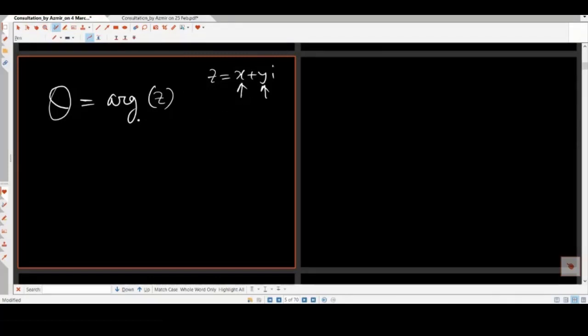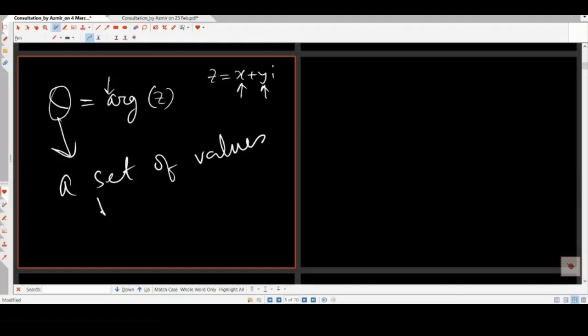Whenever we are trying to find the argument theta, it is written as arg z. Here be careful, I have written a small arg. So this theta can take a set of values.